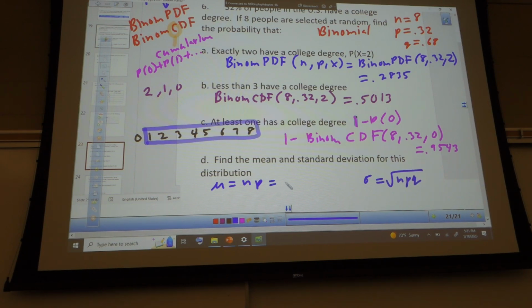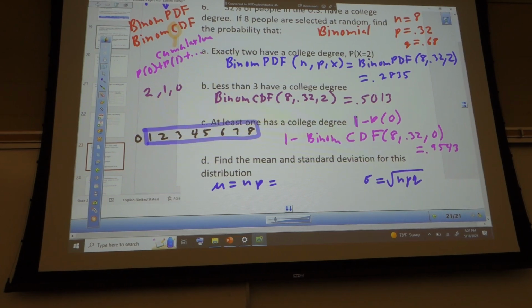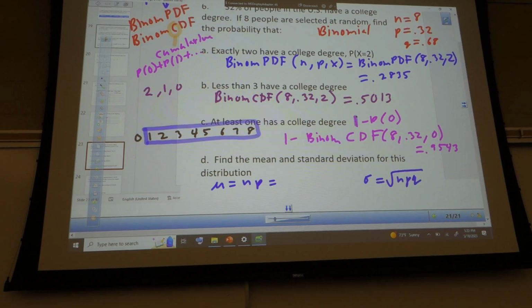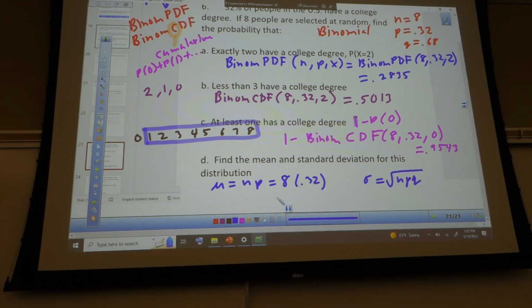So that's equal to 8 times 0.32. I'll let you folks do it. All right, so NP is 8 times 0.32. So you got, is it 2.56? Is that right?